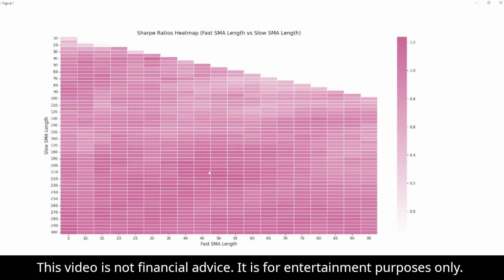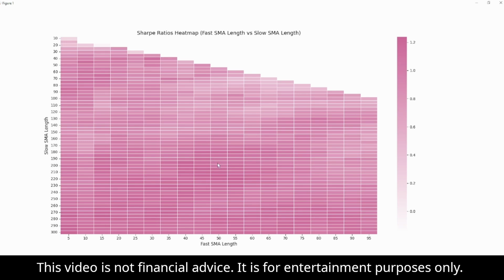And also we have at the center of the heat map another big area with a pair, let's say, of length 50 and 200 for the slow simple moving average period length. So that's not too bad as well.